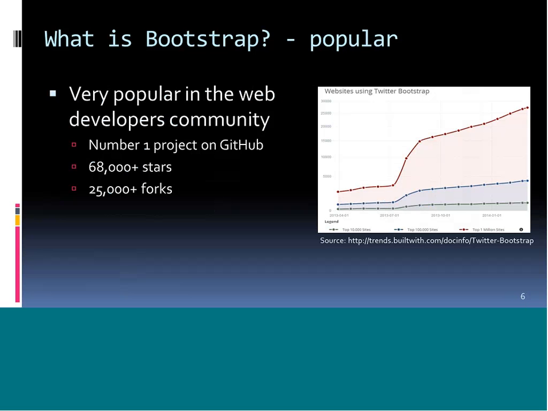And forks are projects that are based originally on the Bootstrap project. You also see a little graph on this slide showing the adoption increase in people using Bootstrap, and the point where the line increases a lot is July 2013, when they released Bootstrap version 3.